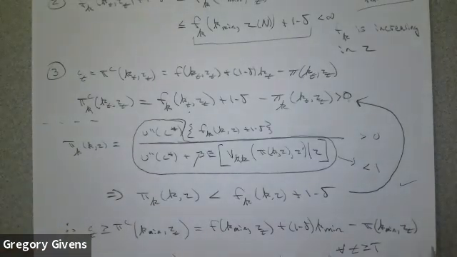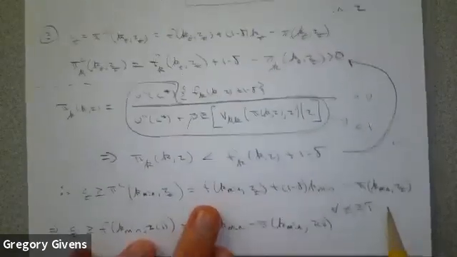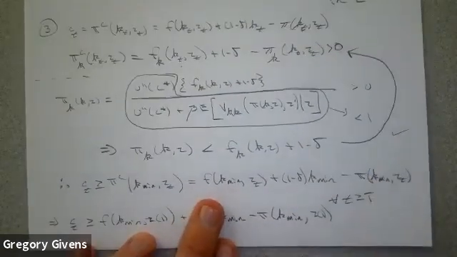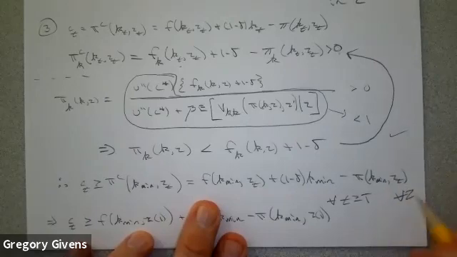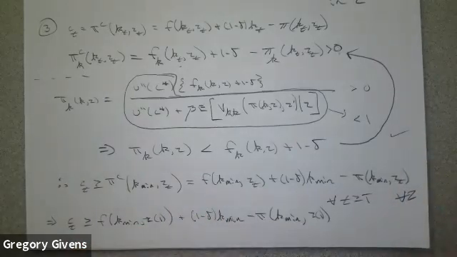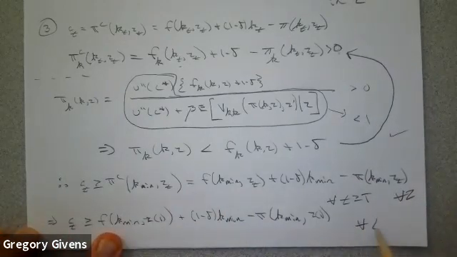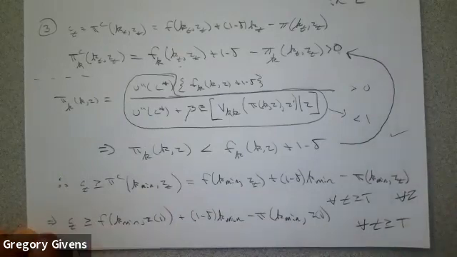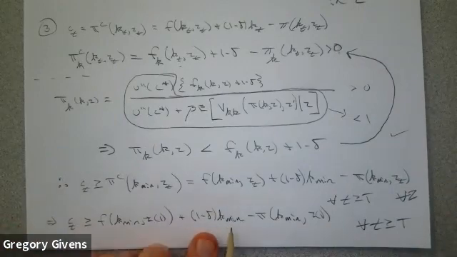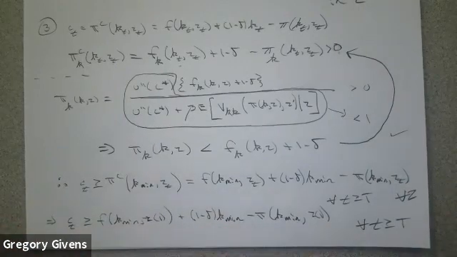So all I'm doing here is this equation, the second to the bottom, must be true for any value of z, and also for the lowest possible value of z. So for t sufficiently large, consumption must be bigger than f of k min, z1, plus 1 minus delta k min, minus pi of k min, z1.